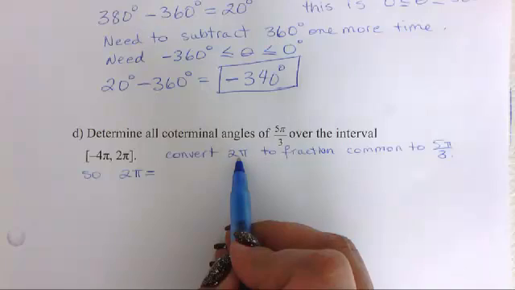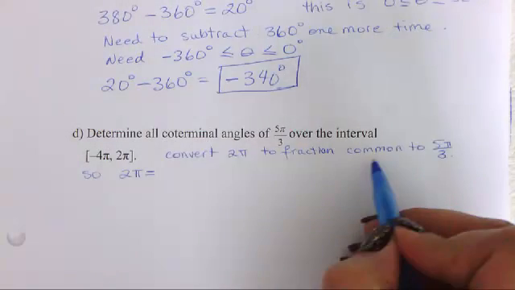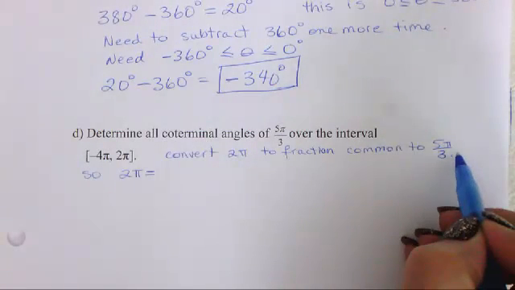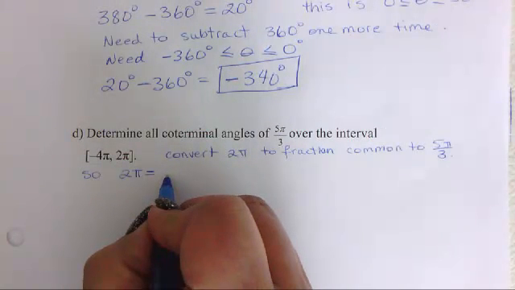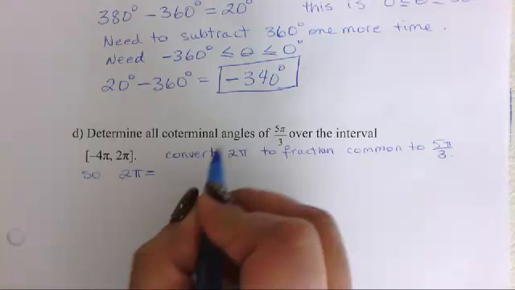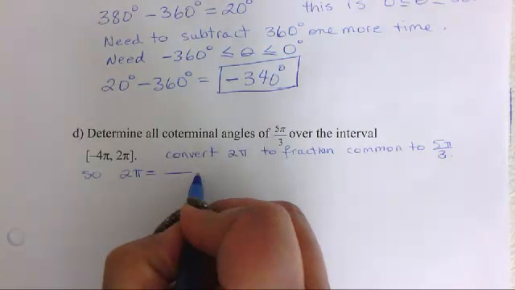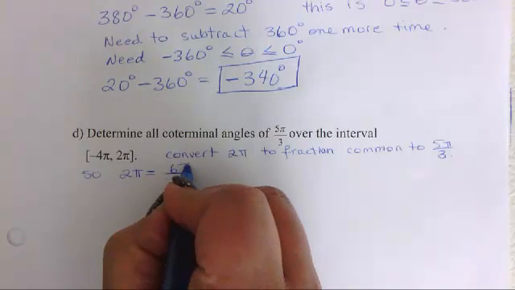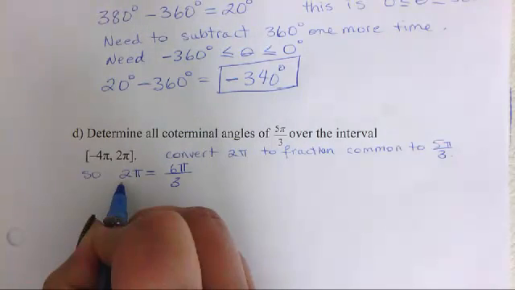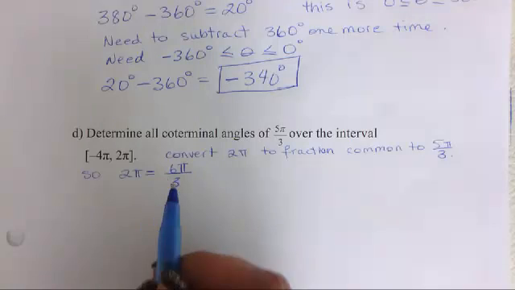I'm going to convert 2 pi so that it's written in a fraction that's common to 5 over 3. So I pretty much just need a common denominator of 3. So if I have 3 here, then I'm going to have 6 pi up there, and that reduces to 2 pi. So this is what I'm going to be using.